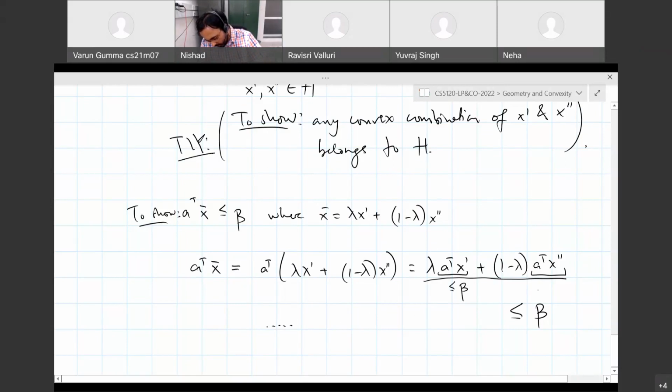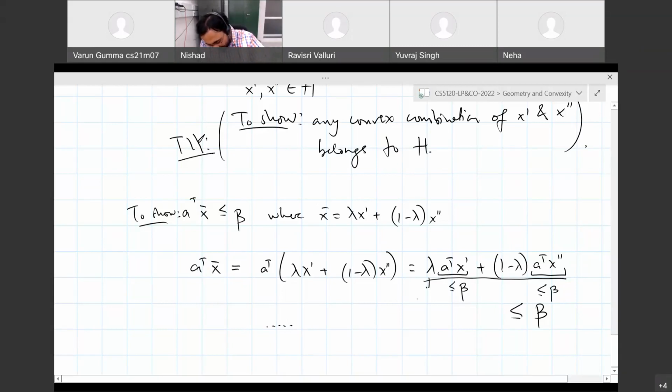All right. And what else do I need? I think this should be sufficient. I mean, this shows that this whole thing will be less than or equal to beta. Is that clear? What if lambda is 5? Oh, but lambda is always between 0 and 1. Exactly. So you're using that point, right? So this is not sufficient.